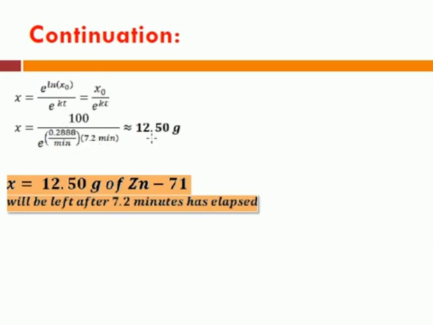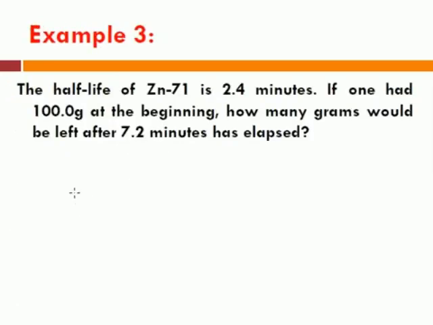We're going to have 12.50 grams. So 12.50 grams of zinc 71 will be left after 7.2 minutes has elapsed. So that is the answer for problem number 3.